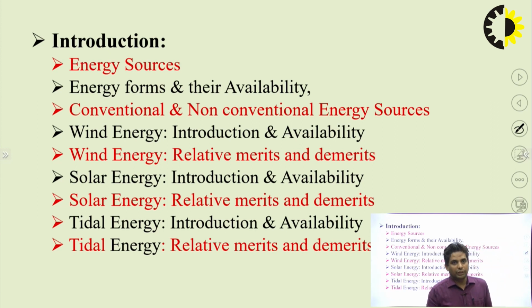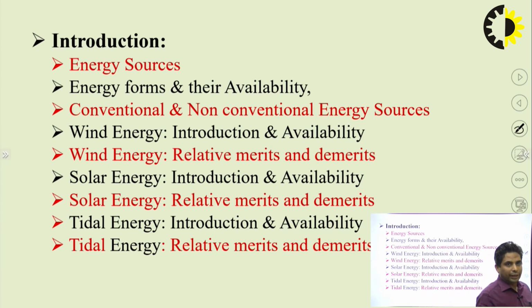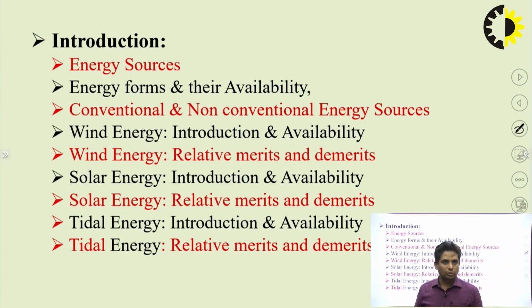We will discuss the difference between conventional and non-conventional energy resources, and the classifications of the types available. Like wind energy, solar energy, tidal wave energy. These three topics we will cover in today's session, and the rest will be covered in another session. Their introduction, availability, merits and demerits can be discussed in today's lecture.